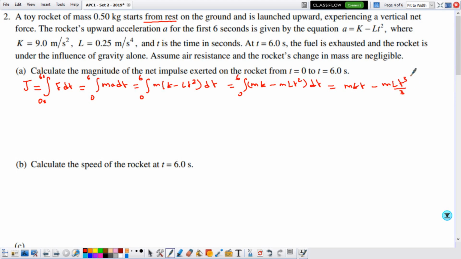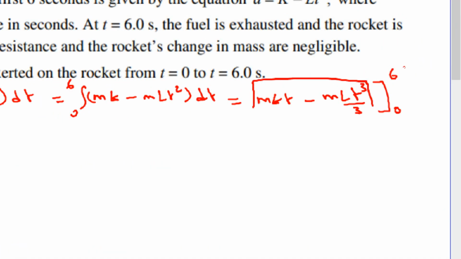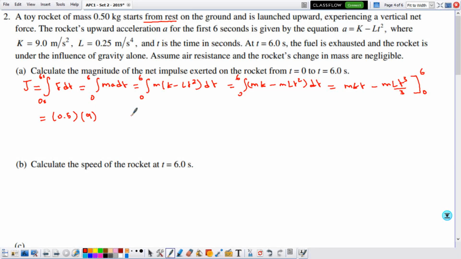And we should compute the following expression between the instants 0 and 6. Now the mass is given by 0.5, k is given by 9, and for the first instant, remember that we're computing this at 6, minus this again computed at 0.